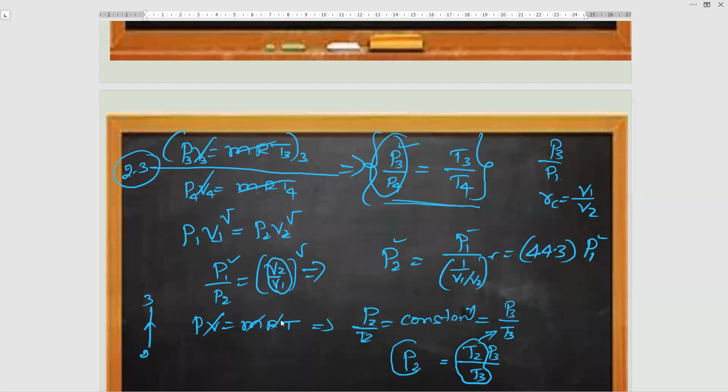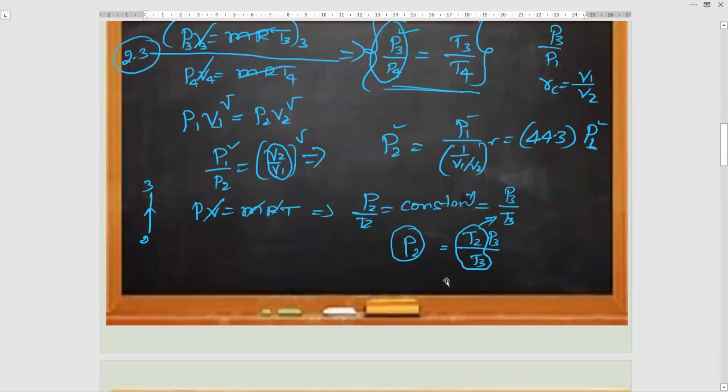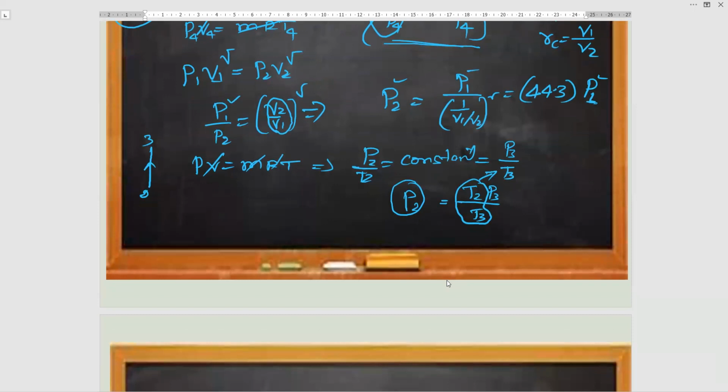P2 is in terms of P1, that you write here. Substitute that here: 44.3 P1 is equal to T2 by T3, you write as it is, because I don't know. P3 also you write as it is.